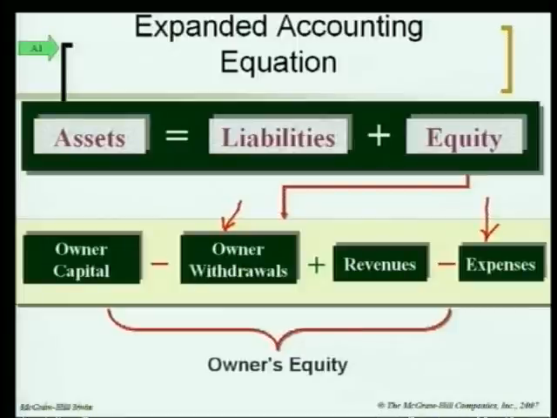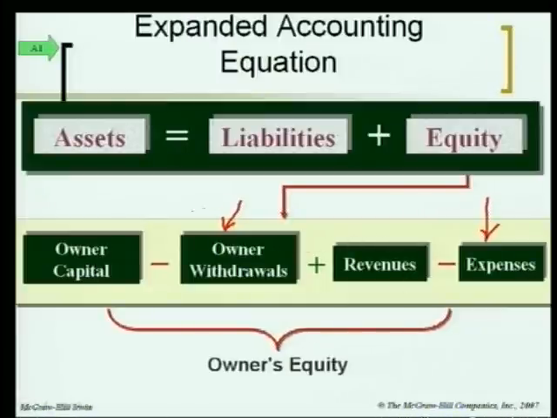Okay, what does that mean? What that means is as owner's withdrawals go up, equity actually goes down since it is subtracted, correct? As expenses go up, equity actually goes down since it's subtracted in arriving at equity. Does that make sense? Revenues and owner capital, this is what is affected when you make your investments of assets into the business. These have a positive relationship with equity.